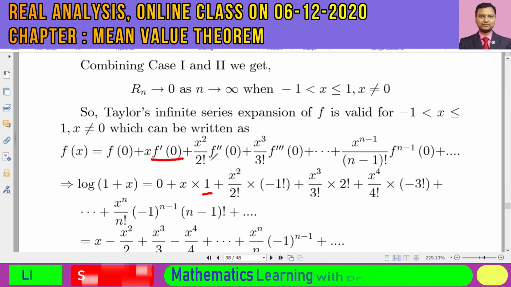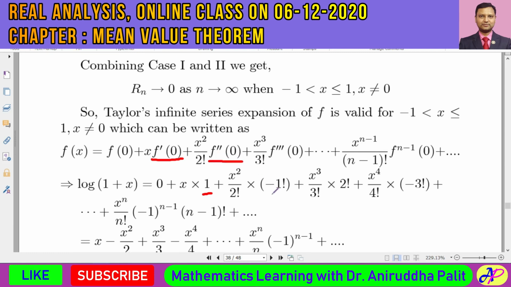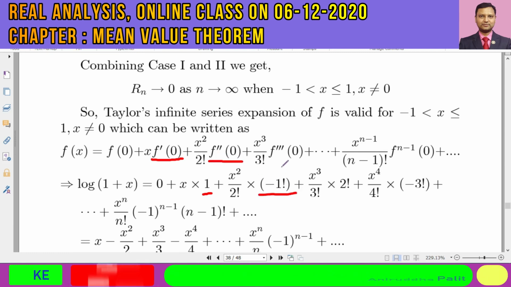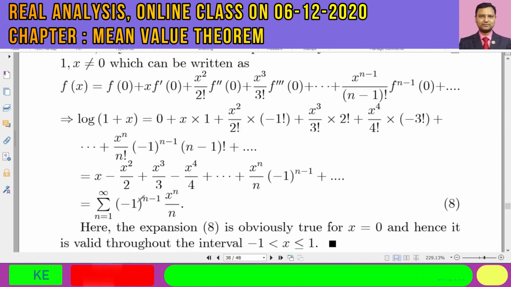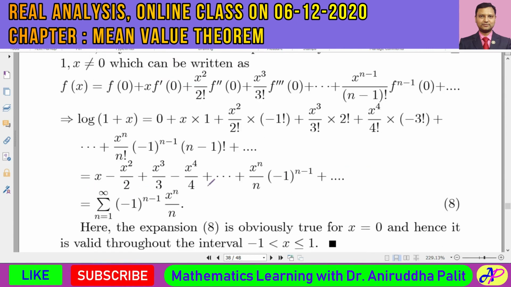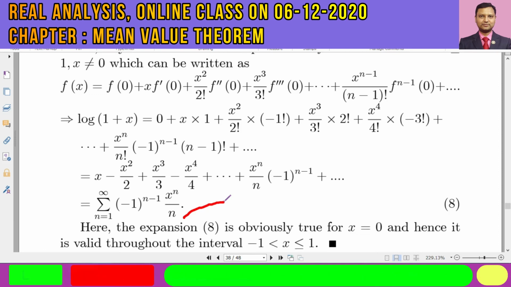Similarly, if you put n equal to 2, you will get minus 1 factorial. If you put n equal to 3, you will get f triple dash 0 equal to plus 2 factorial, and so on. So by further computation we get this result, and that can be written in this way, that log of 1 plus x can be written in this kind of summation formula.